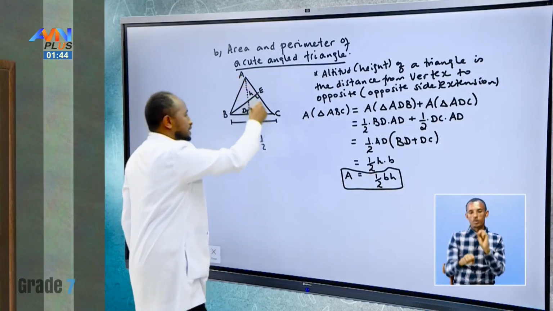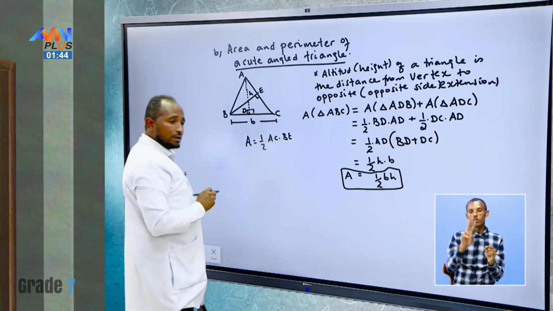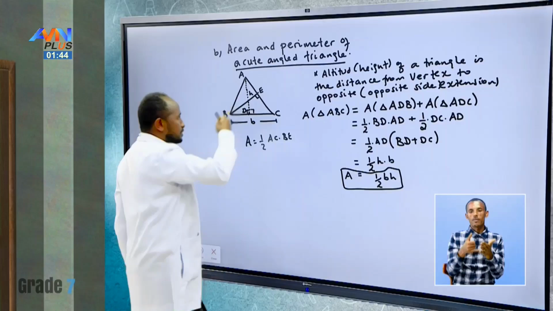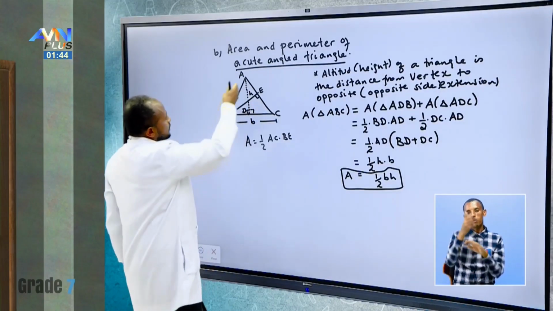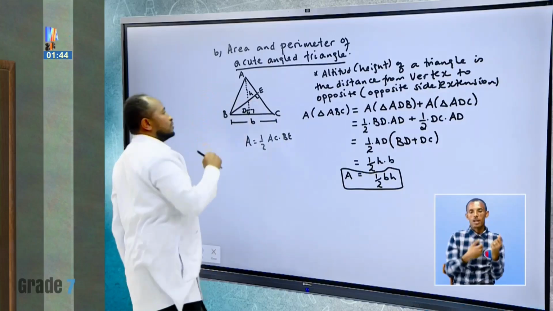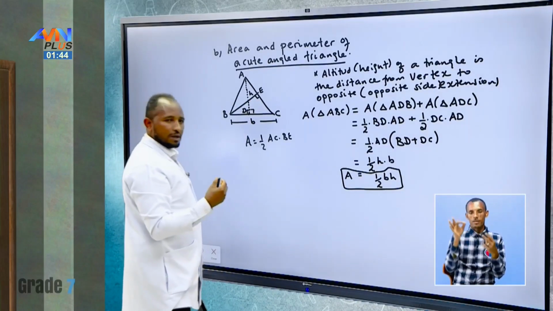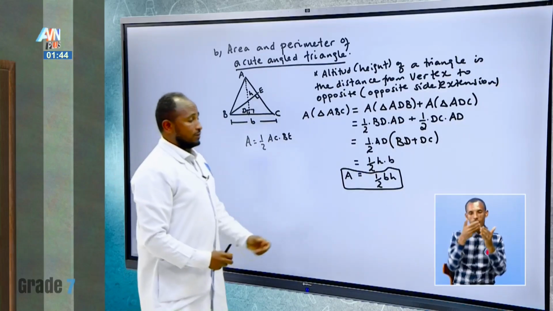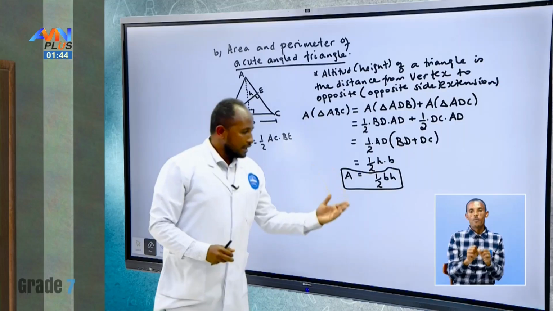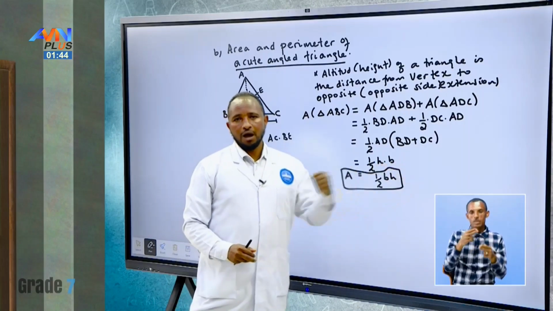Simply, AC times BE divided by 2 will be the area. If you take this as a base, this will be the altitude. If you take this as a base, this will be its altitude. If you take this as a base, this one is the altitude. So you can alternatively calculate the area of an acute angle triangle in different ways. But generally, to calculate the area of a triangle, you simply apply this equation: half times base times height.